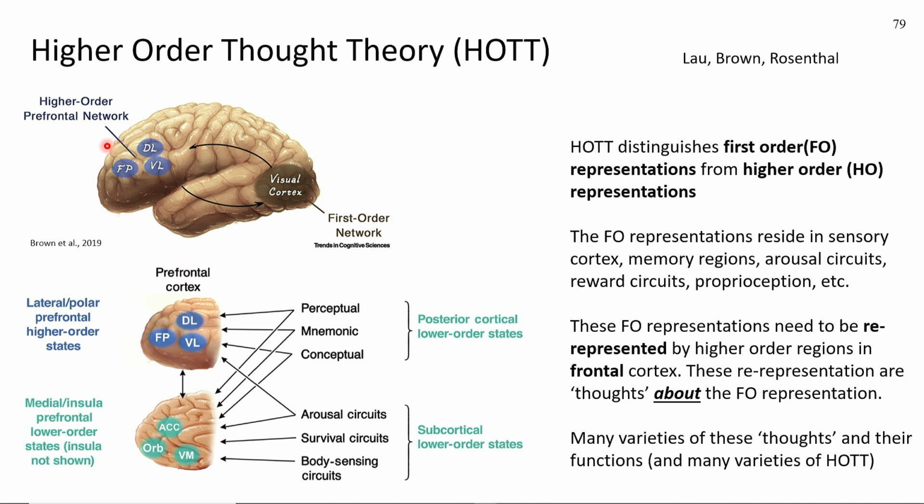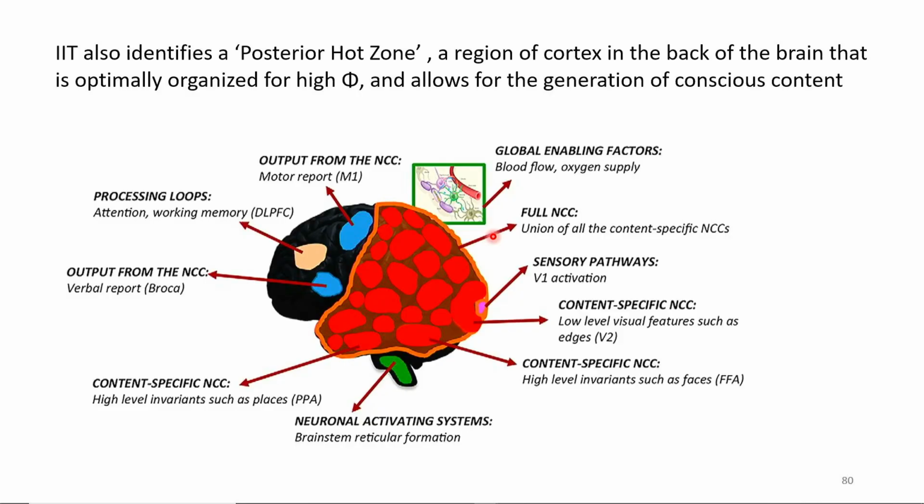So in that sense, this is also more like a theory about knowing what you see. Typical paradigms used there are, for example, metacognition paradigms and stuff like that. But these representations are about these first order representations, and not surprisingly, they are called thoughts. By the way, these thoughts are not necessarily verbal thoughts.